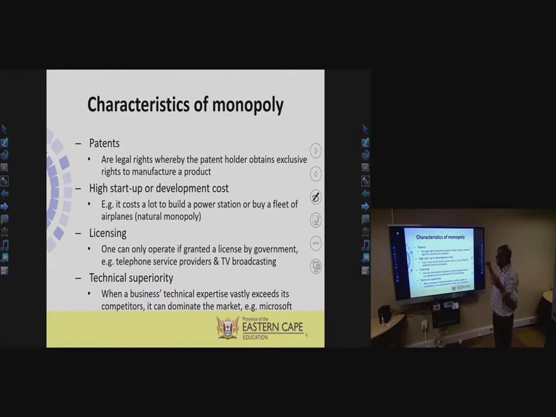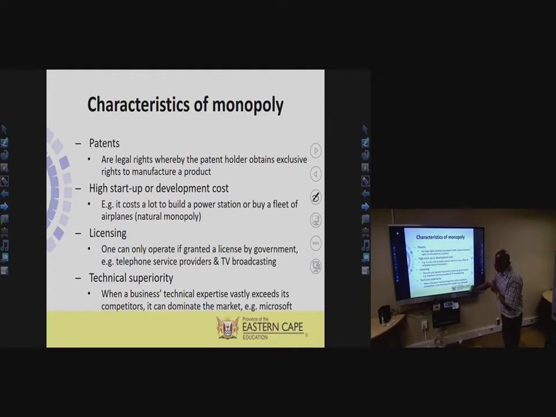And also, we can protect monopolies by high start-up or development cost. As I've said, with ESCOM, to build such a system or such a firm, one will need a lot of money, because you have to build power stations, you have to build your electric lines from the power station, which will reach the consumers, and that will cost a lot of money.